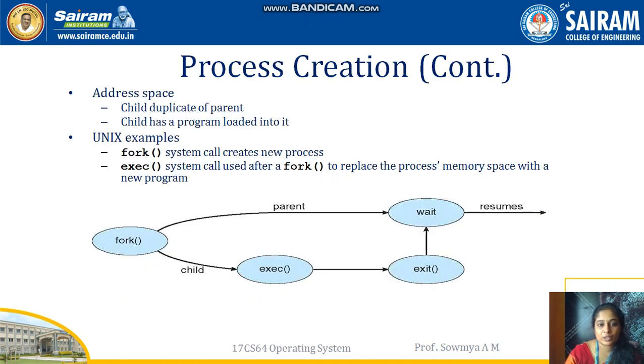Next is creation of a process in the Unix operating system. Whenever a process is created, the address space of the parent will be duplicated for the child, and the program for the child process will be loaded again. In the Unix operating system, we use the fork system call for creation of a new process, and the exec system call for execution of that process. The fork system call is called from the parent process, and then a child process will be created.